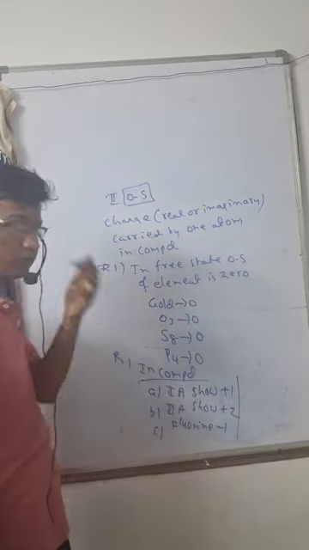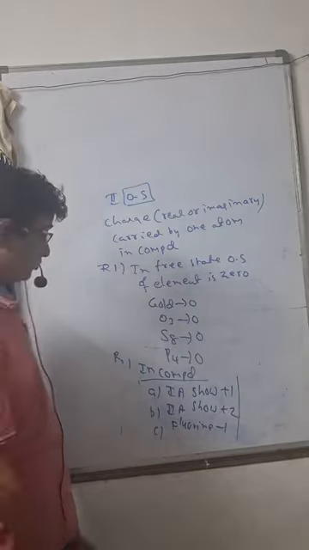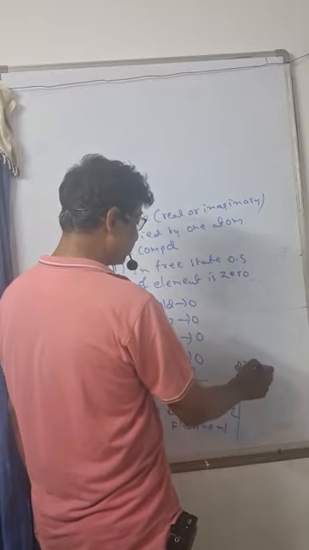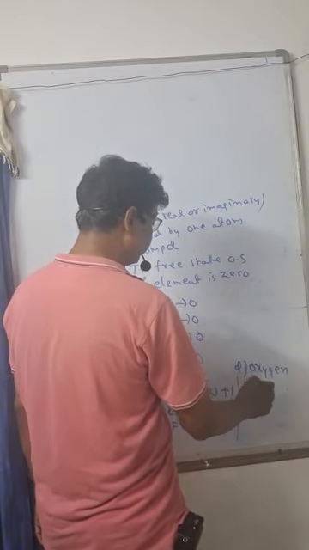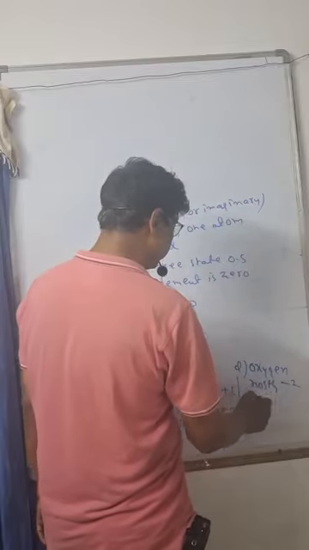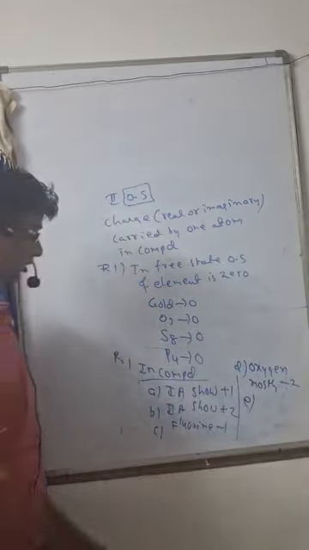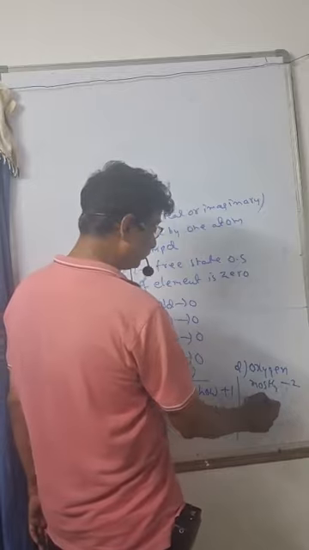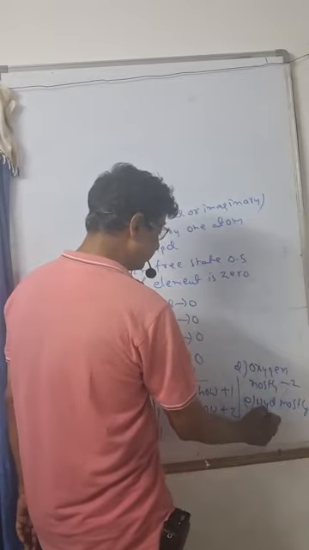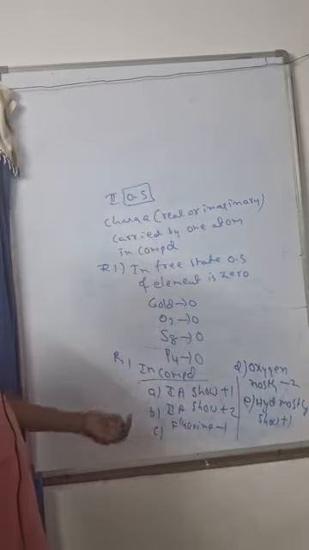In any compound, first group +1, second group +2, fluorine -1. Oxygen mostly show -2. Hydrogen mostly show +1. These points you have to remember.